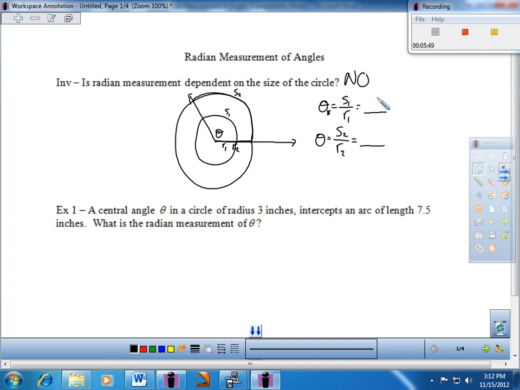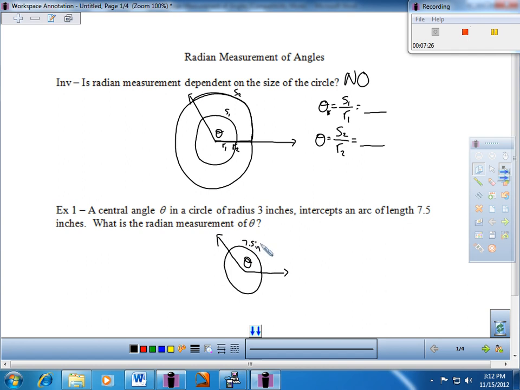Perfect. Well, everyone, I'm going to sketch out what I believe this would look like, and you don't necessarily have to draw a picture with this. Essentially, it should look like that piece right there. If I tracked a point going around, that circular path, this arc length right here is 7.5 inches.